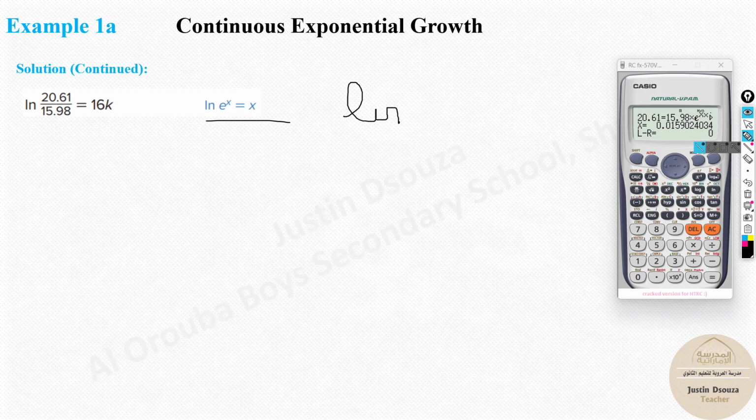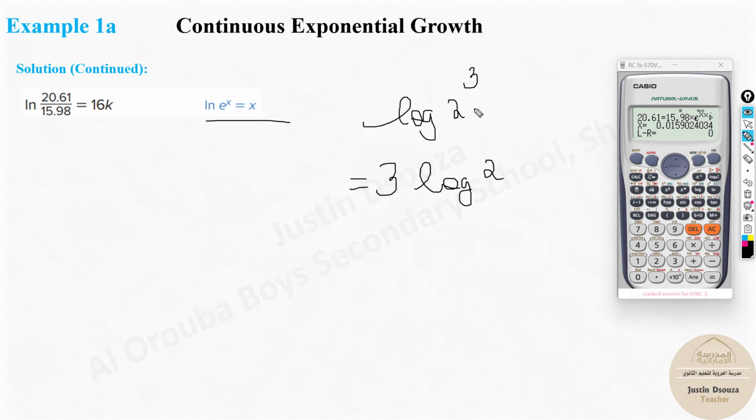So write 16k only, and ln E, see this is the rule. Whenever you have any log function, even any log base function, and say you have a base of 2 and then the power of 3, this is equal to 3 log 2. Now the same thing we had over here, the power, right? We had ln E 16k.